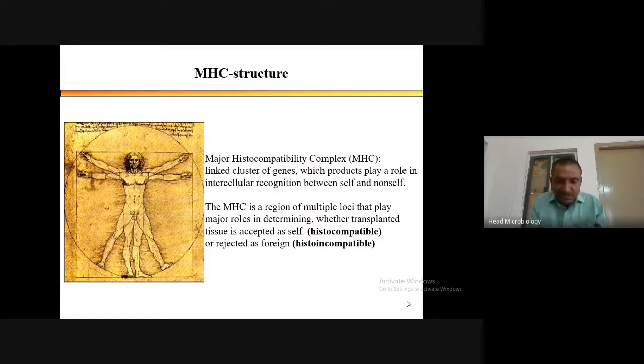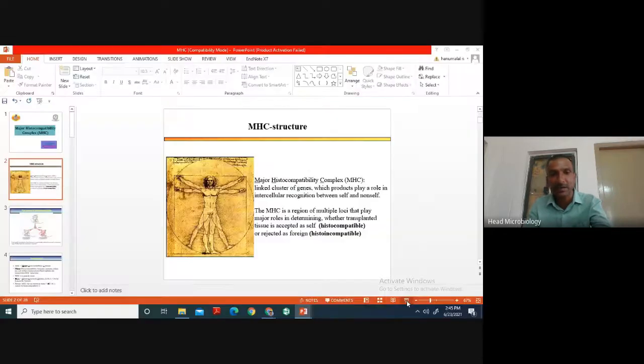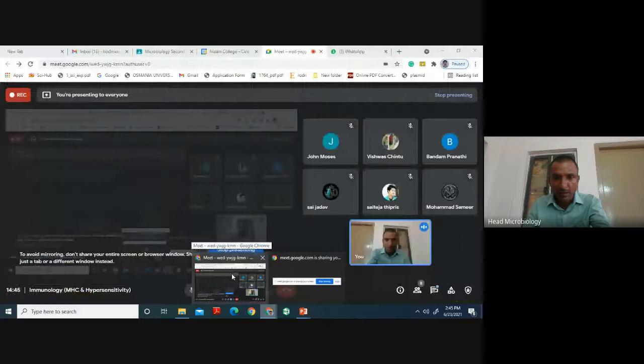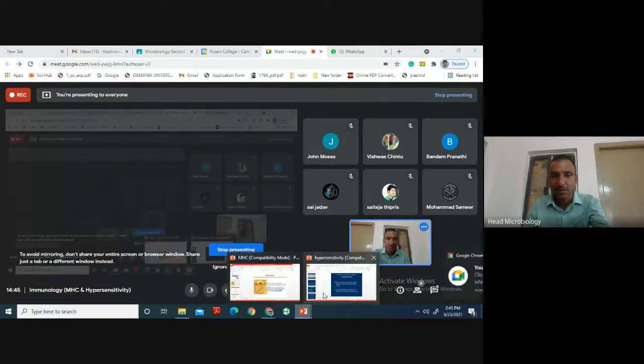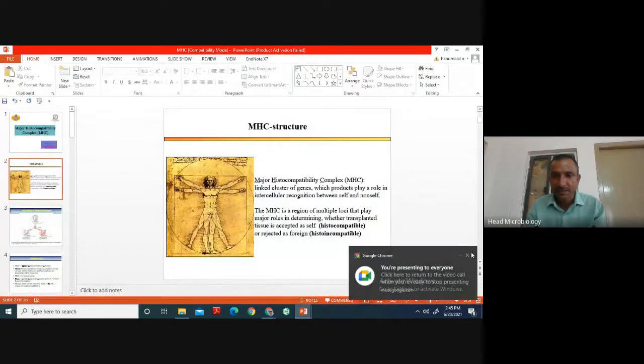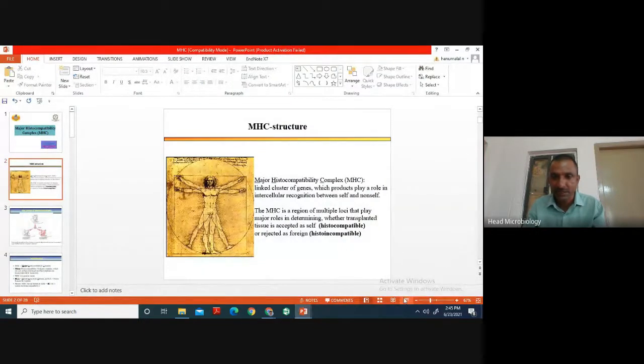There is no chance that both sequences will match. For example, the image here shows two persons, and there is no match in their gene sequencing.